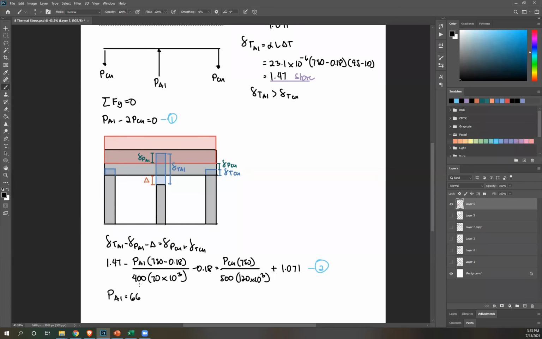It's 6699. Please solve. Don't just copy. 0.25. Okay. And then what's PCU? Force in copper.